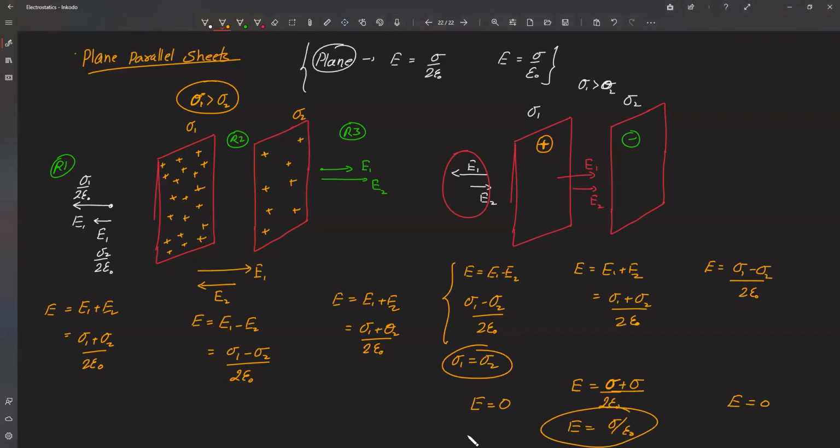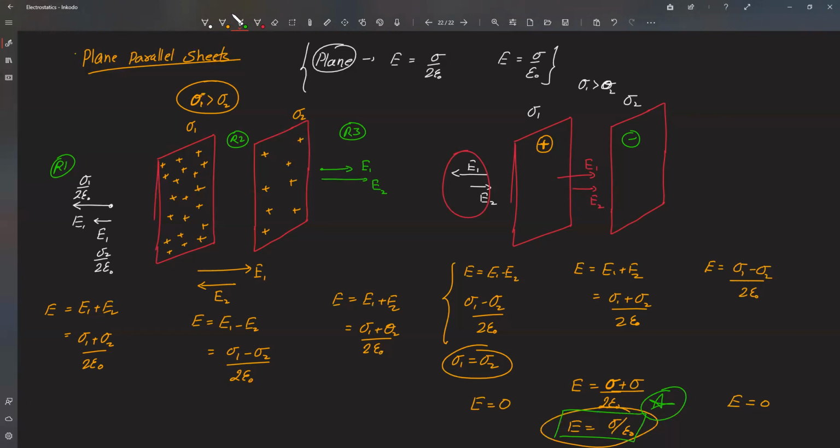So when the two plates have the same charge density, the electric field between the plates is sigma divided by epsilon naught. This is something which we will be using later when we study capacitors, the parallel plate capacitors. So remember this: the field at a point between two parallel plates having the same charge density is sigma divided by epsilon naught.